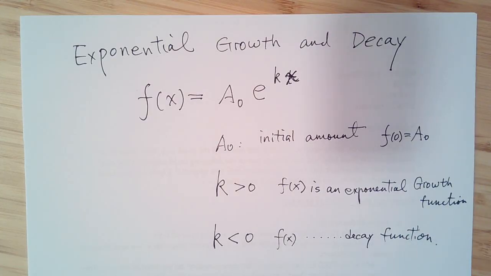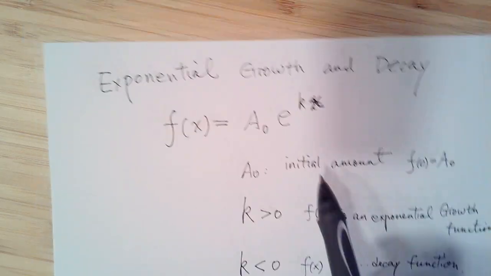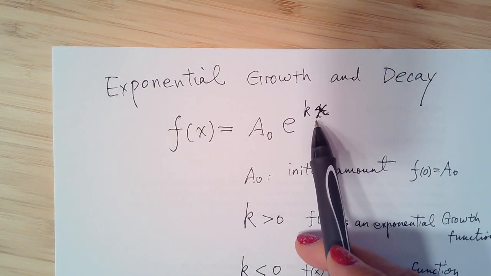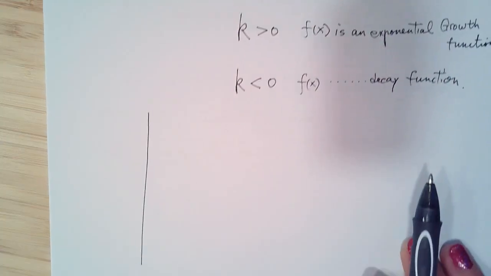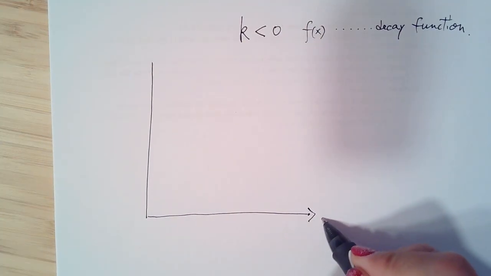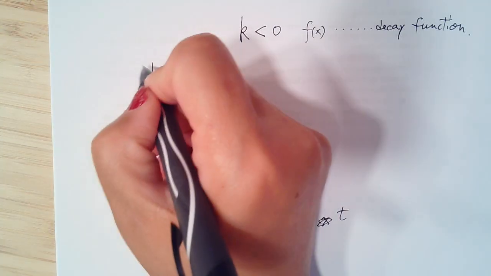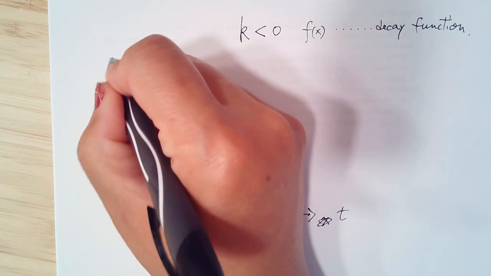All right? If you want to graph that, x is always greater than 0 because growth and decay always start from 0, so this is x, or t, whatever you want to use, it's just the independent variable, and here is y or f of x.